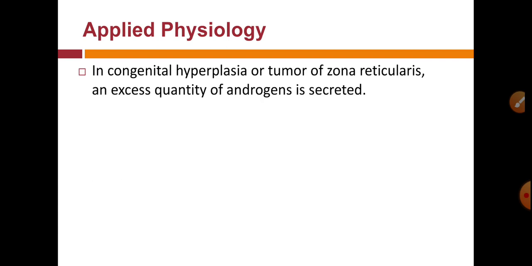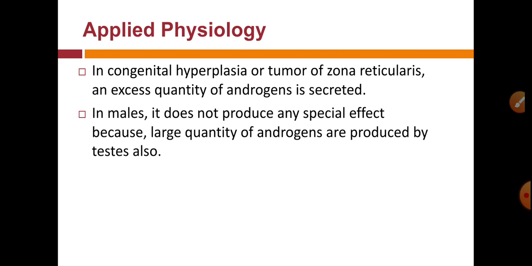Then applied physiology. In congenital hyperplasia or tumor of zona reticularis, an excess quantity of androgens is secreted. That means there is a hypersecretion of androgens. And when there is an excess quantity of androgens secreted, what will happen?